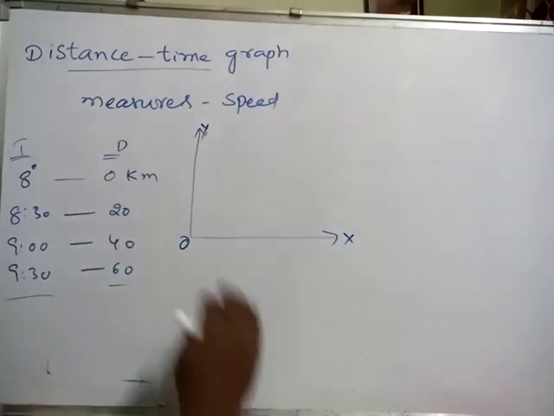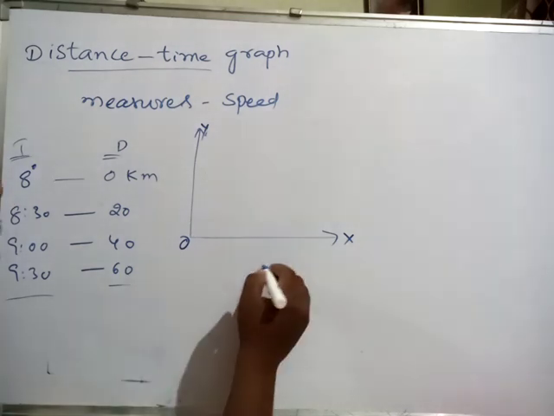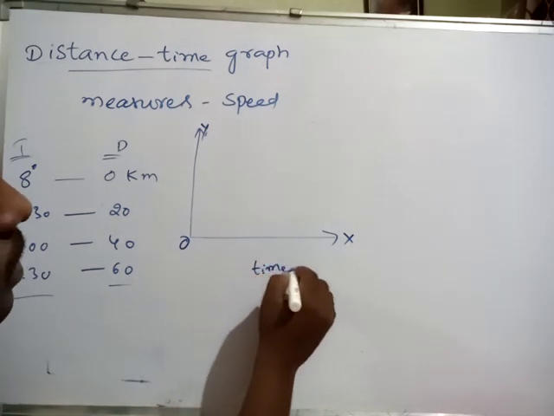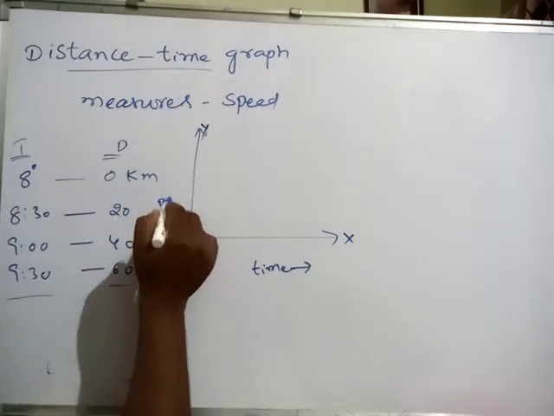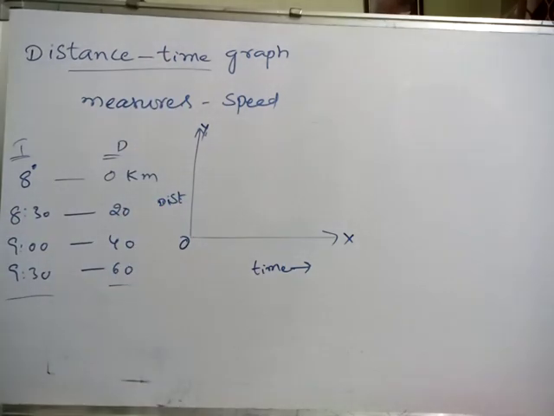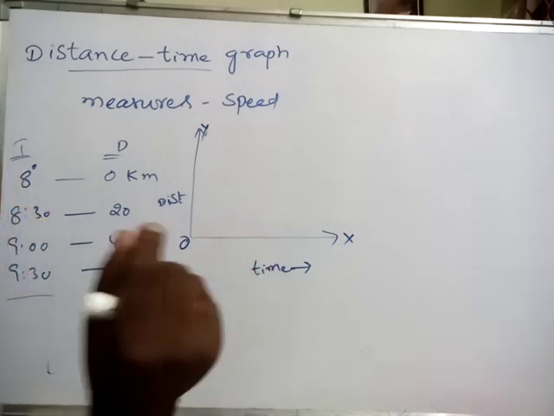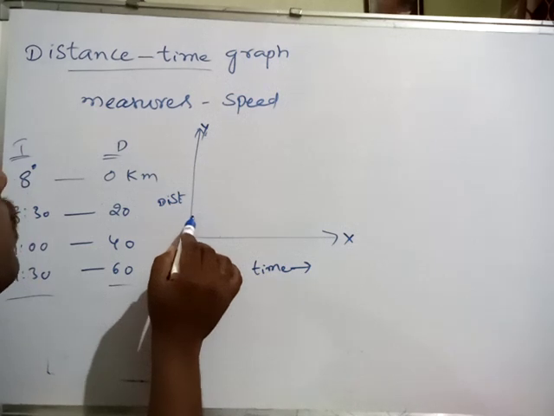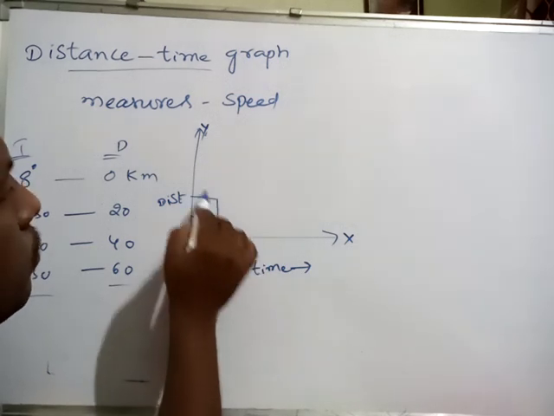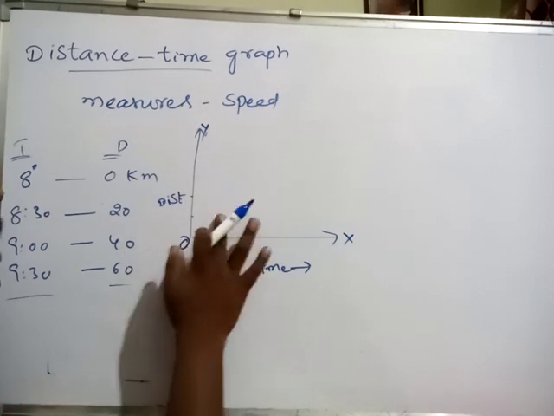Okay, on the x-axis we always consider time, and on the y-axis we consider distance. Now in the graph paper we find some squares, each one of distance 1 centimeter.